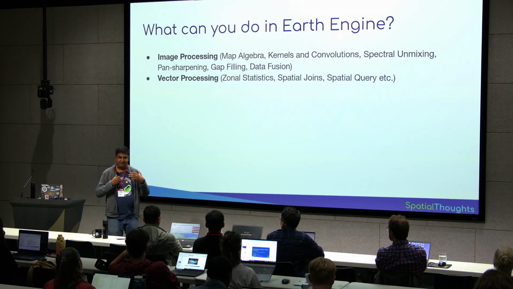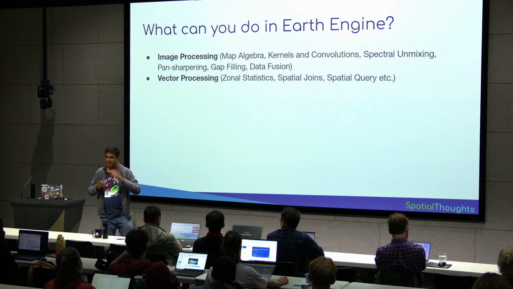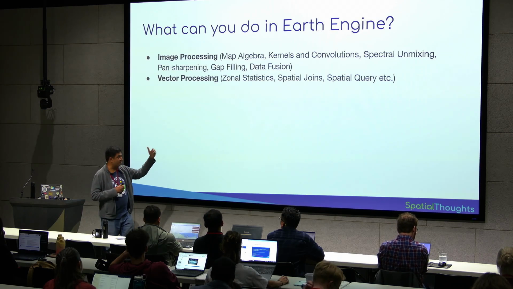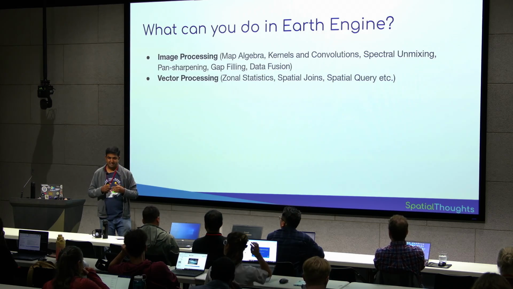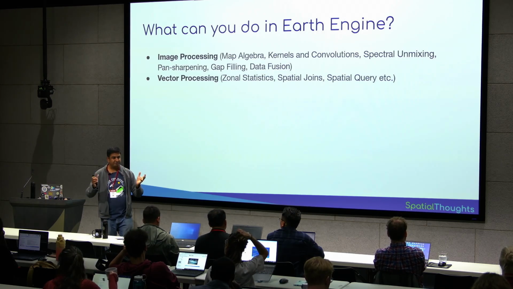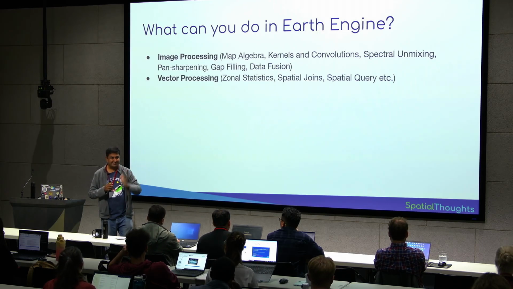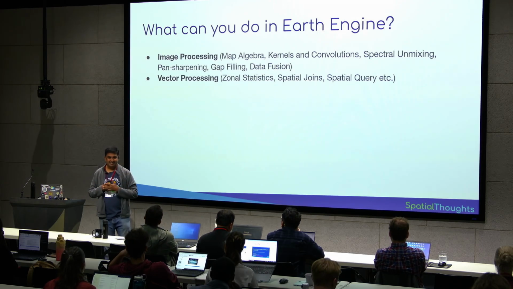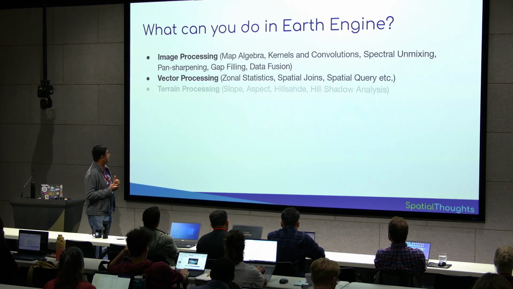My main background was GIS, and I was really curious to see if we can do all the GIS stuff I wanted to do. And again, it can handle very large spatial data. Many times I have a dataset with like 500,000 points. I want to buffer them and do some joins, upload to Earth Engine, do this, 5 minutes later, download it, and I'm done. I don't have to deal with the desktop software. So do check out Earth Engine's vector capabilities as well.